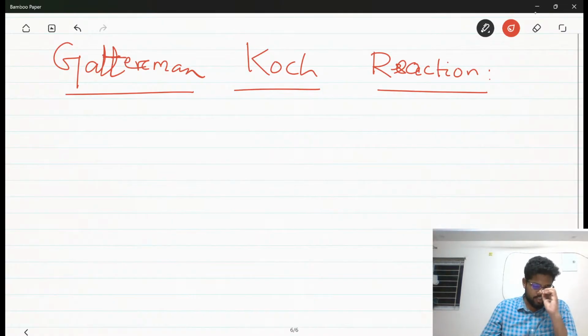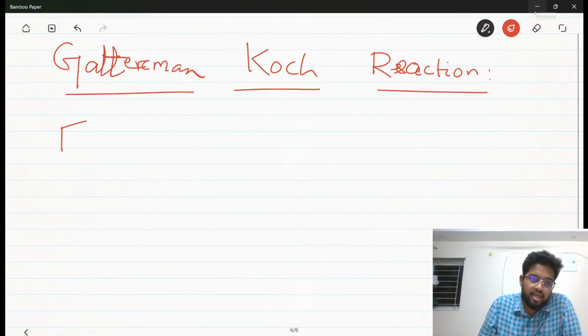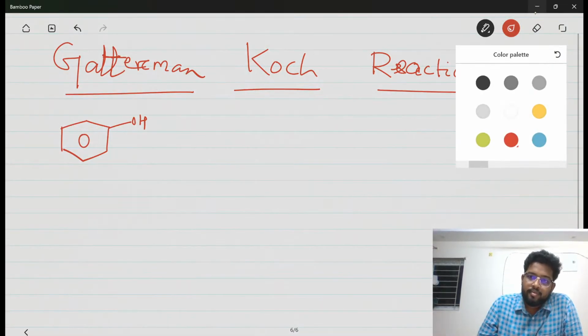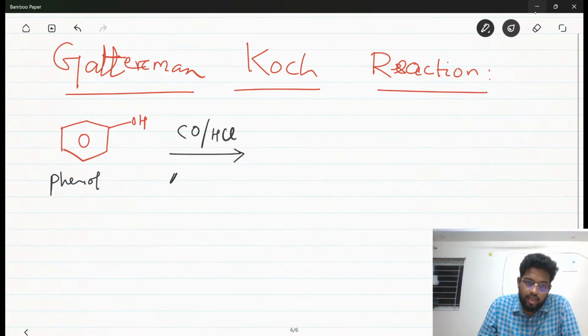Gattermann-Koch reaction. So what do you mean by Gattermann-Koch reaction? Right, start with this one. What is this? Phenol. In this phenol, treat CO, HCl in presence of AlCl3.